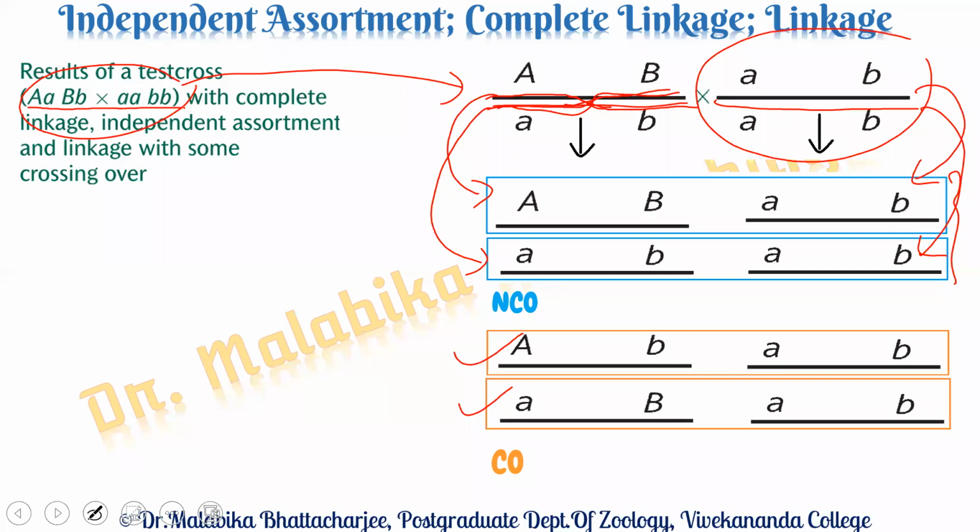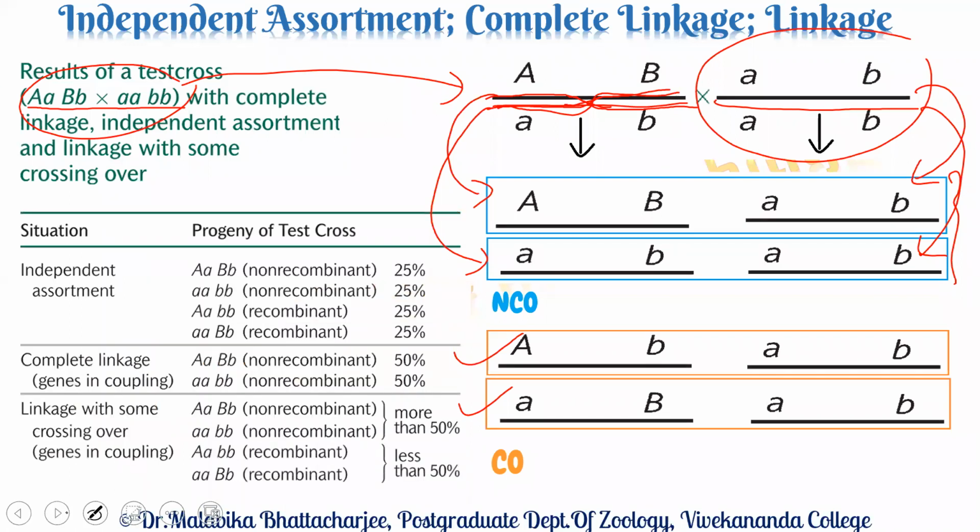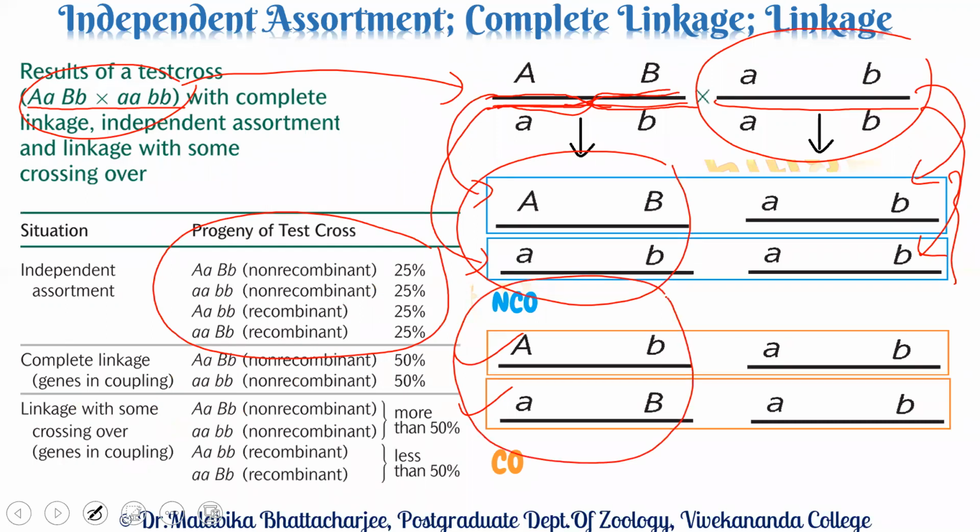The first situation, as I said, is one extreme case, independent assortment. The two genes are not linked. The moment we talk about independent assortment, remember Mendel's experiment with wrinkled green, yellow, and wrinkled smooth cotyledons. We will be getting the 4 categories, of which 2 will be non-recombinant, as I showed you, and 2 will be recombinant or crossover products.